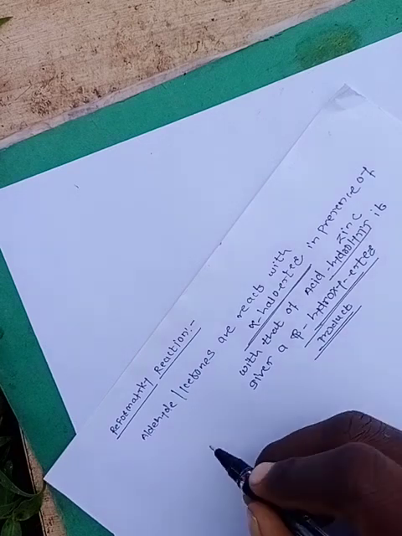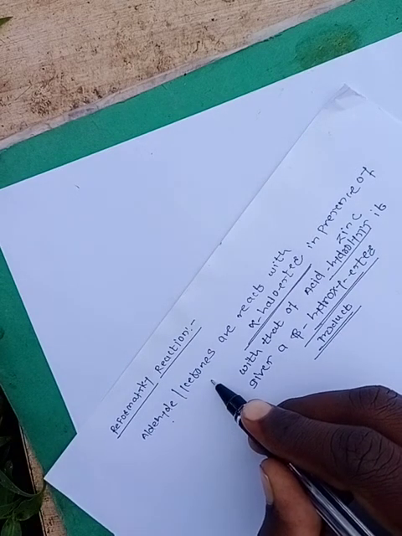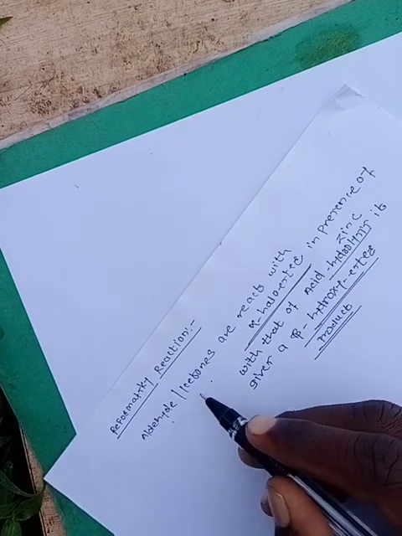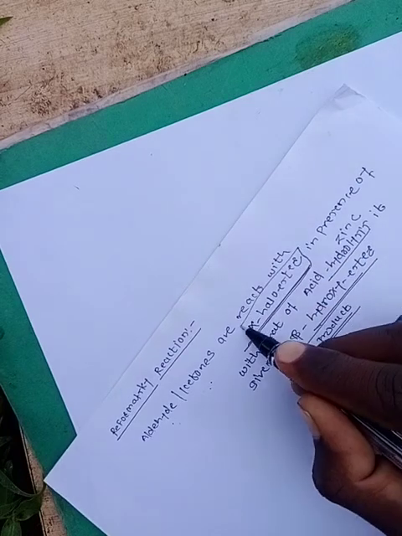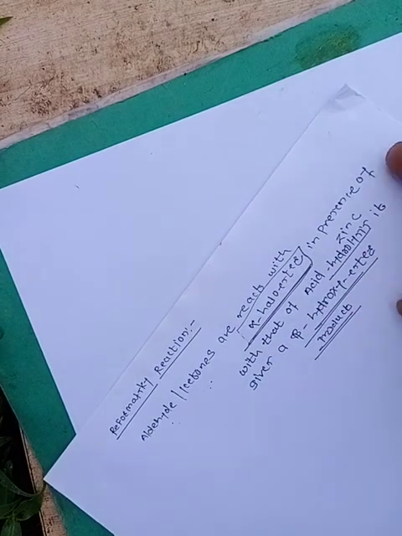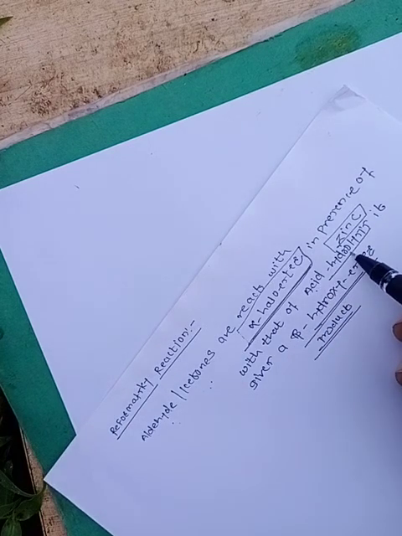The definition of the Reformatsky reaction: we take any type of aldehyde or ketone, and this aldehyde or ketone is reacted or treated with the alpha haloester in the presence of zinc, and then acid hydrolysis.